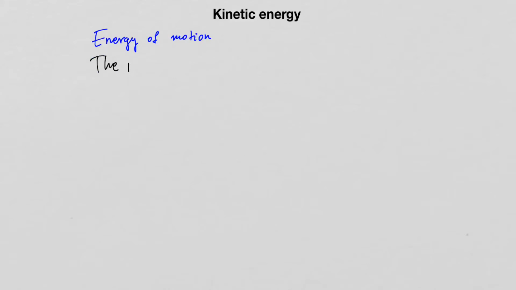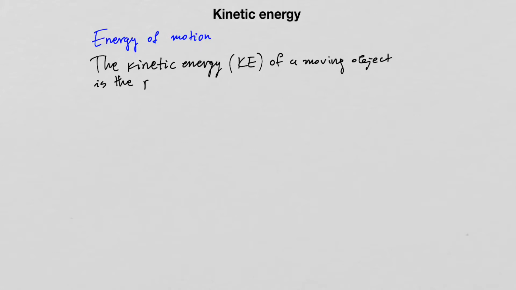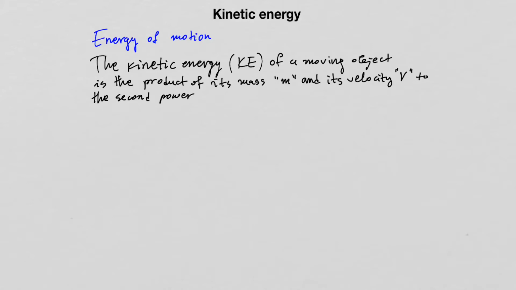The kinetic energy, which we will abbreviate with Ke, of a moving object is the product of its mass m and its velocity to the second power, divided by 2.